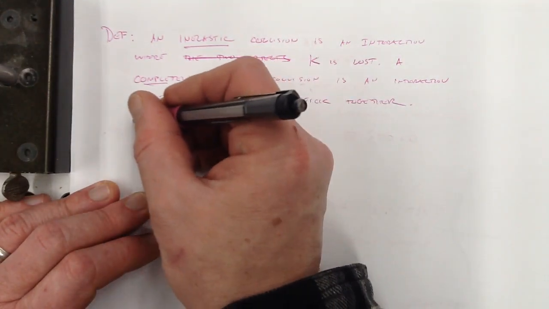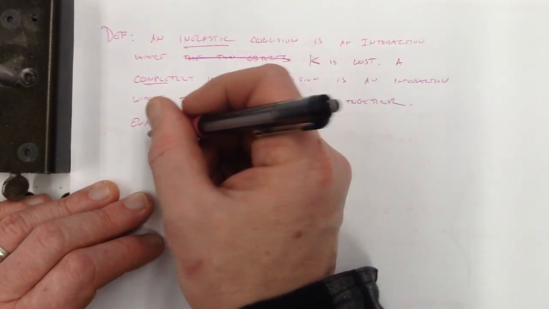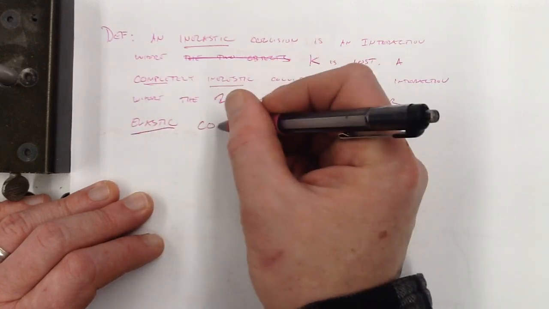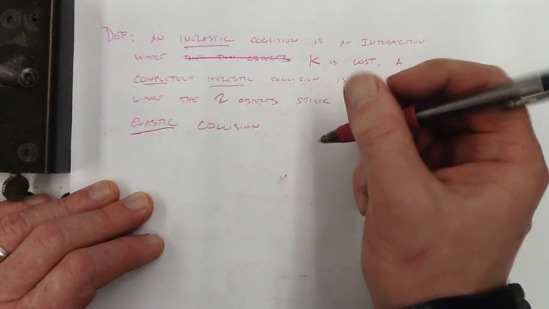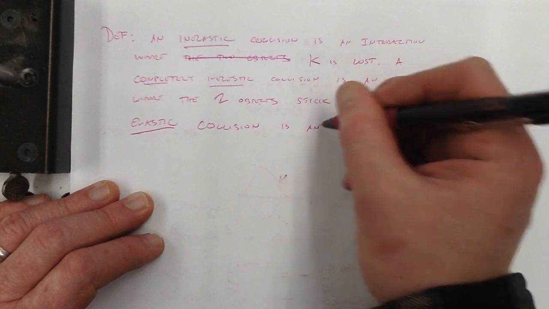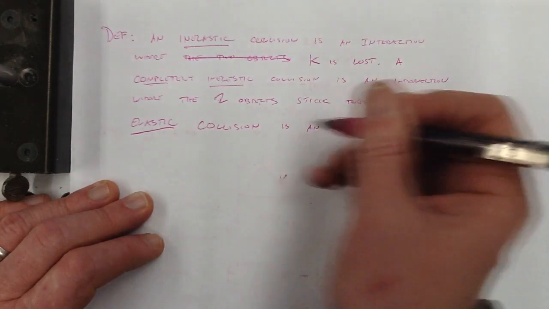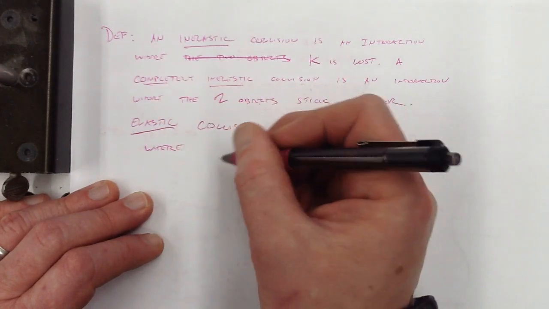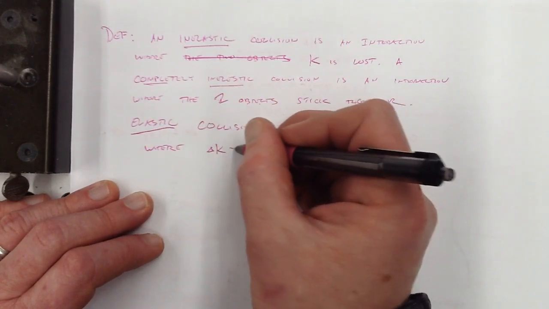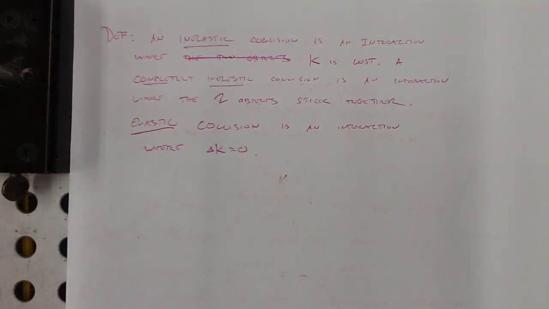And then, of course, that means an elastic collision. That should make you think bouncy, bouncy. It is an interaction where kinetic energy is conserved. And boy, you have to watch out for this. This is one of the College Board's favorite little things to do.